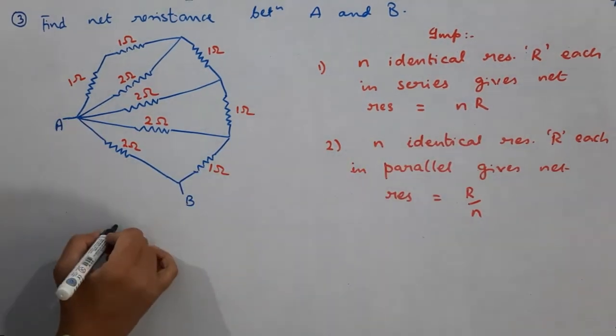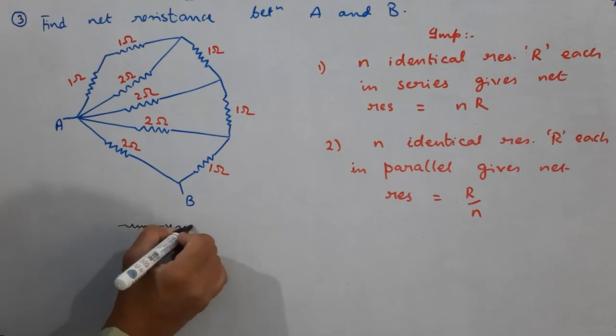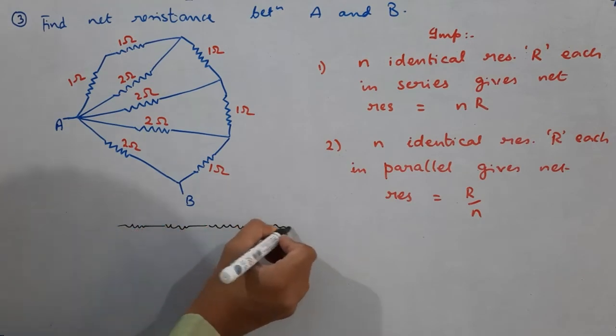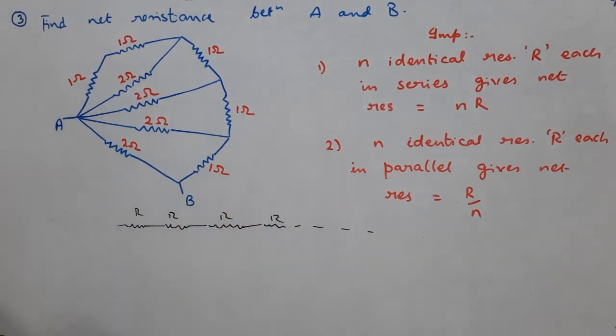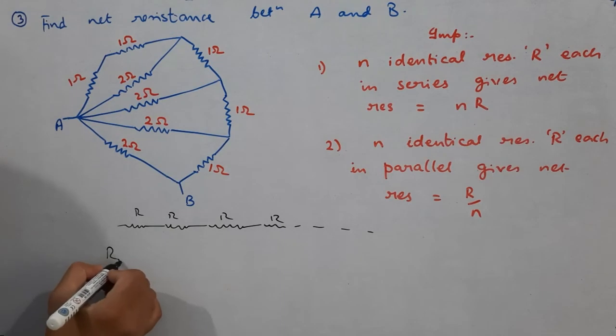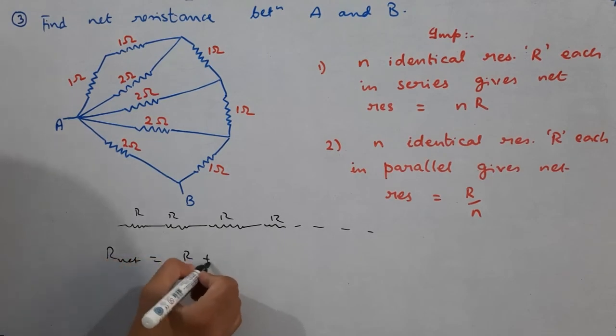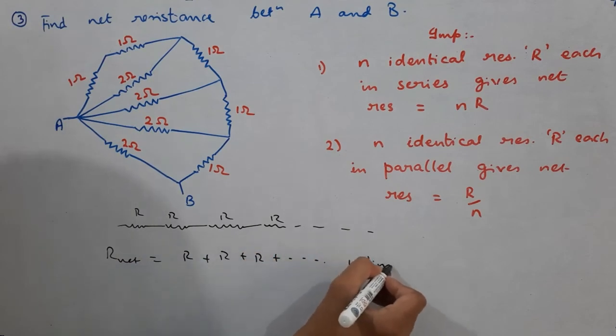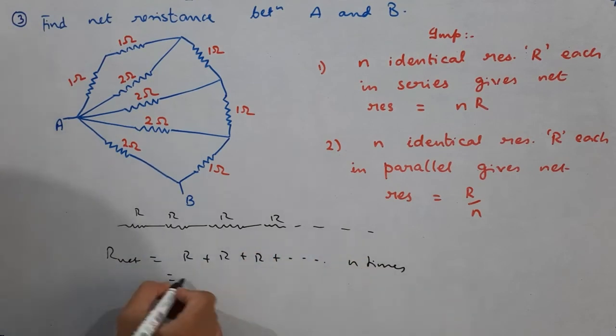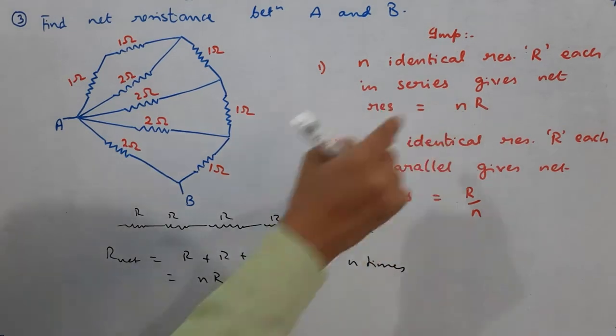Suppose I have a number of resistors and all the resistors have the same value R, R, R, R. In series the total resistance gets summed up. So the total resistance R net will be how much? R plus R plus R up till N times. If you add this N times, how much will you get? N times R. This is the result.